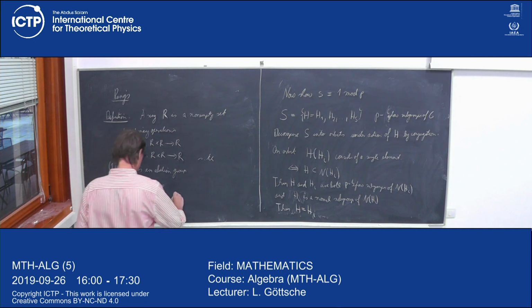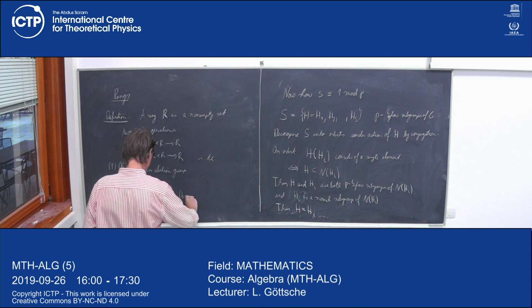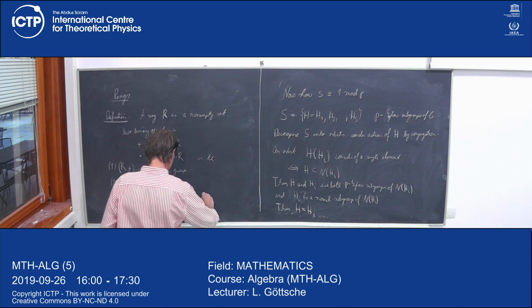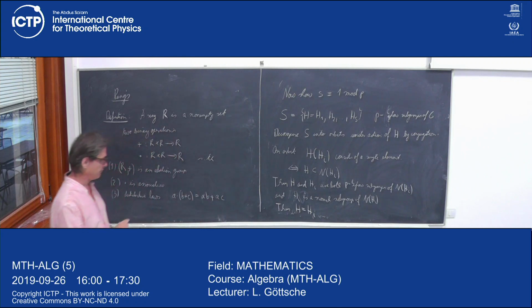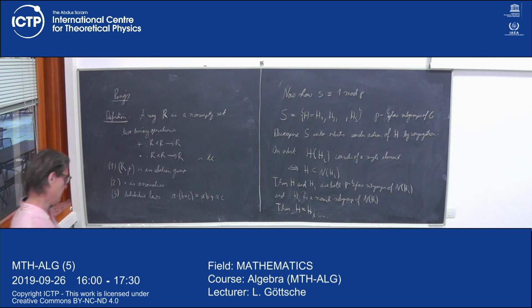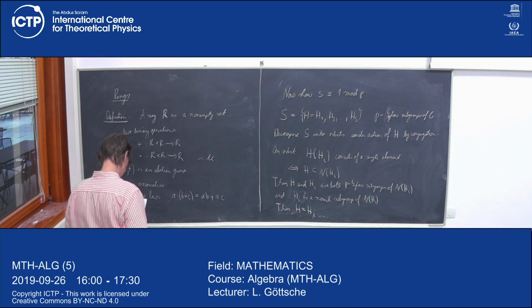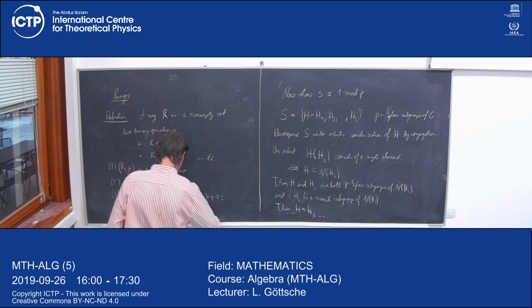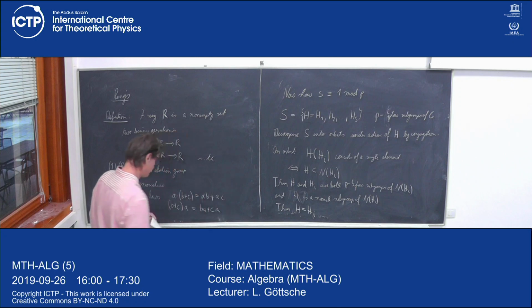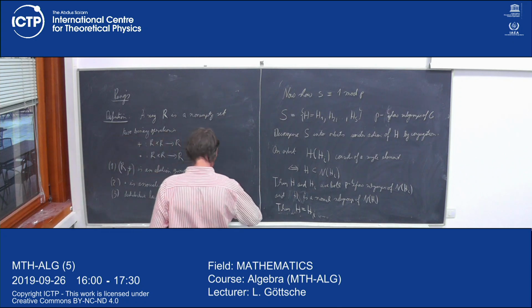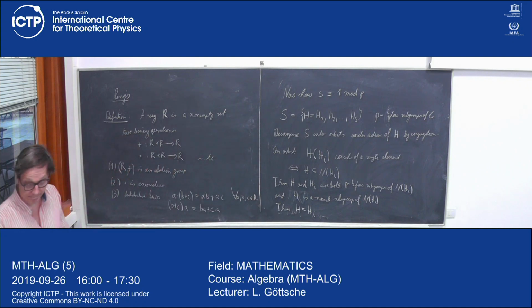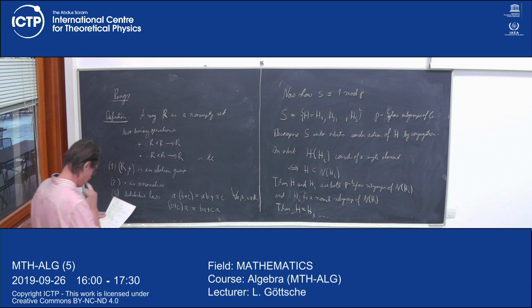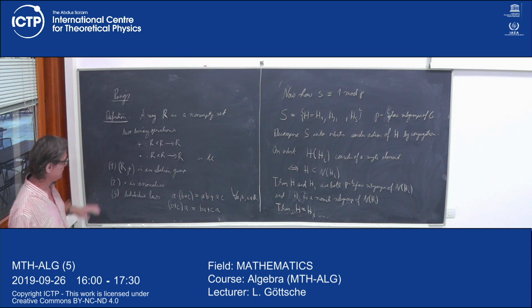So if we take a times (b plus c), this is ab plus ac. As before, we're allowed to drop the multiplication sign, and also (b plus c) times a is equal to ba plus ca, for all a, b, c. So this is just this basic thing. In particular, R with plus is an abelian group.